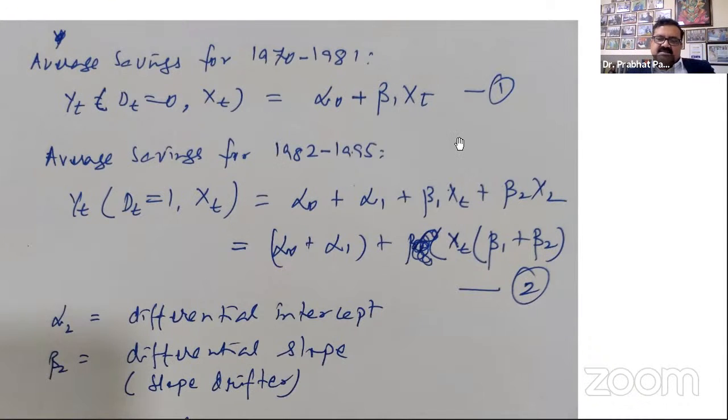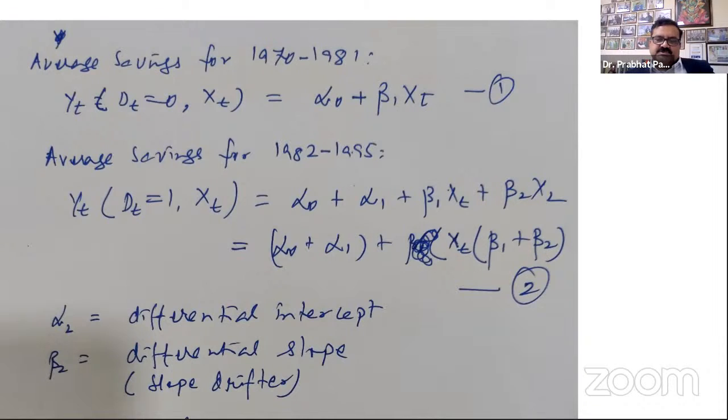So if you divide the period into 2 and run the regression equation separately, right, for 70-81 and 82-85, you will get this equation after running. But from the differential beta and dummy regression that you have calculated, if you just put the values here, you will get the same result.